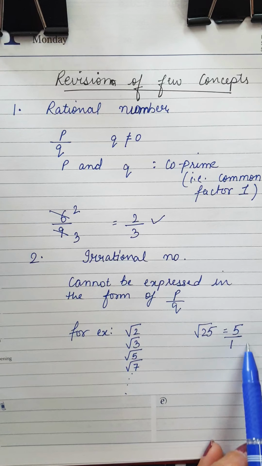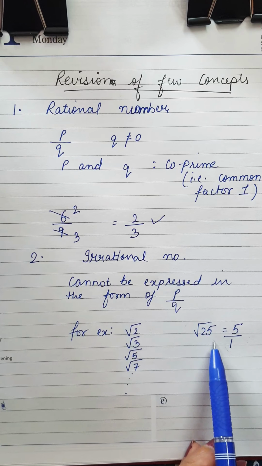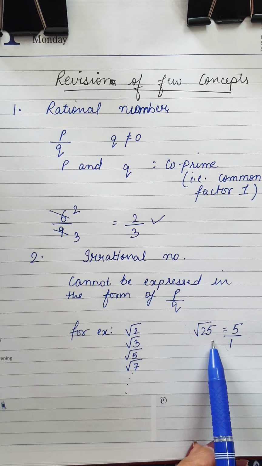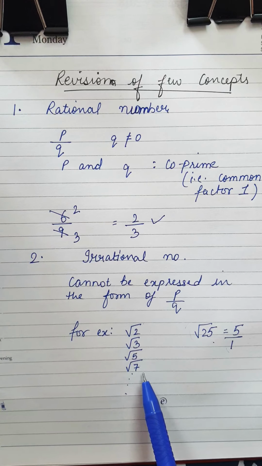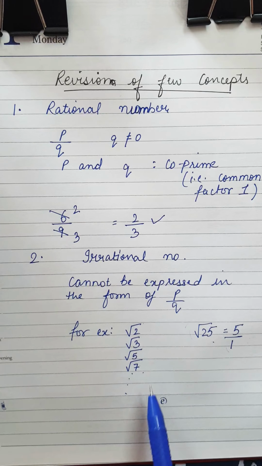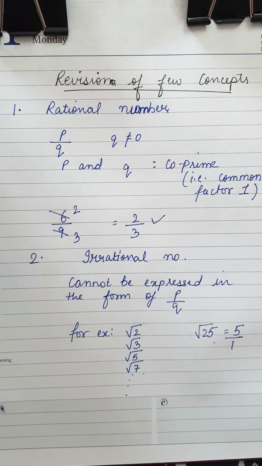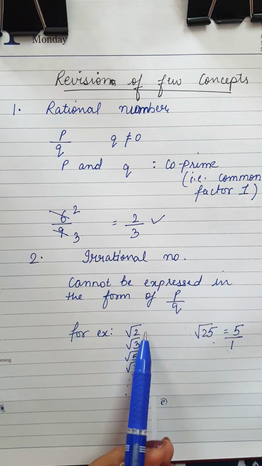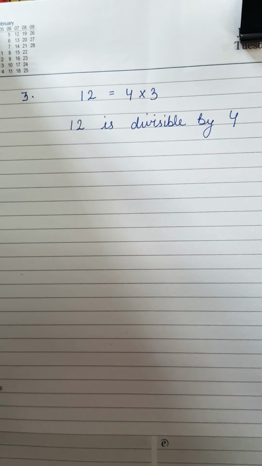So since 5 by 1 is a rational number, I can say under root 25 is also a rational number. Therefore these numbers, under root 2 and under root 3, are irrational numbers, and when I solve them you will find that these cannot be expressed in a fractional form. These all will be non-terminating decimals when you solve with the long division method that you have done in class 8 or 7.